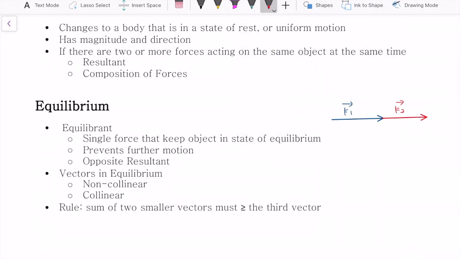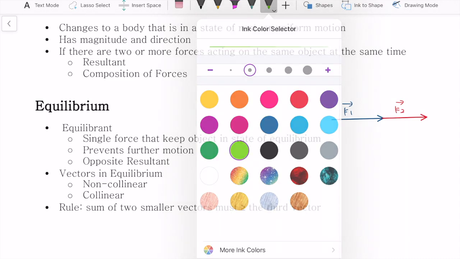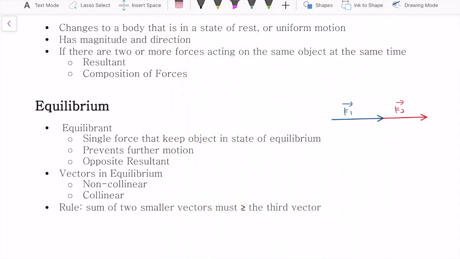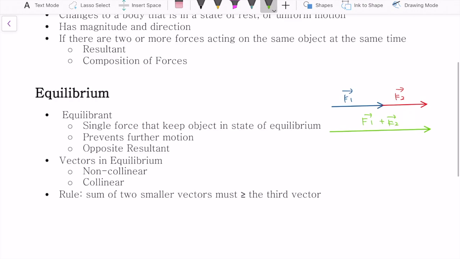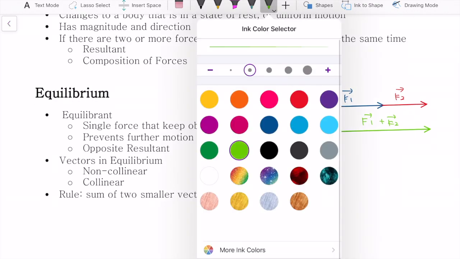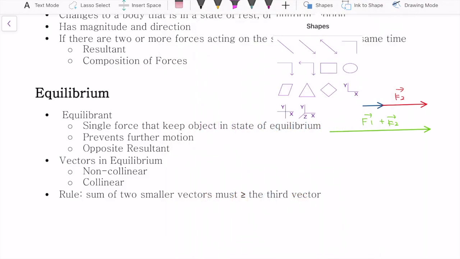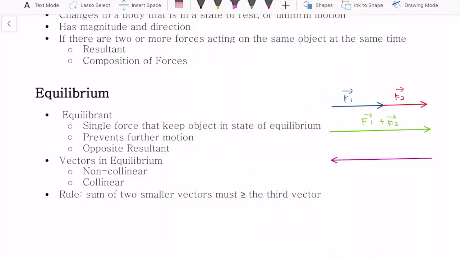So the resultant of these forces will be F3, or we can just call it F1 plus F2. So the equilibrium of these forces will look something like this, which is the opposite, or negative F1 plus F2, which is the resultant.